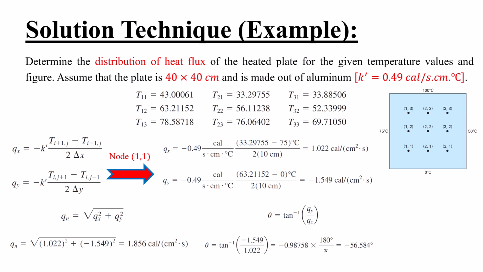So this will tell you how heat is flowing and in which direction. In this way you can find flux for all the points and plot it here. So this is a secondary variable that can be calculated using the temperature information.